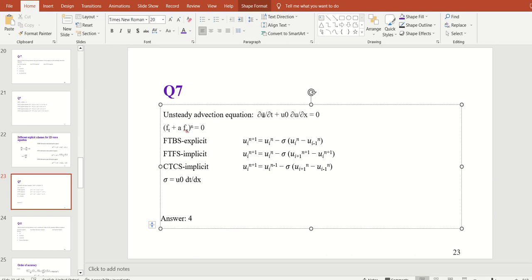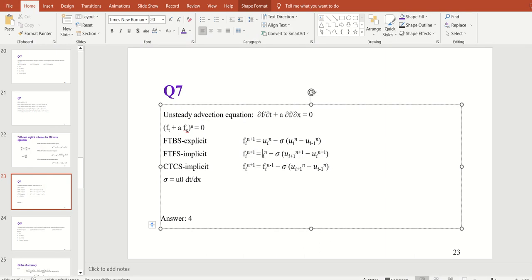That's why I'm changing, and no other reasons. It should be a, dou f by dou x, and similarly it would be f, and it is f again. Again we should go and change here.